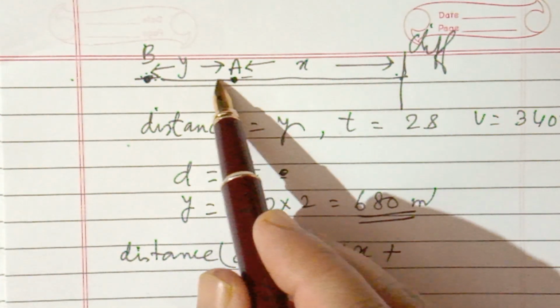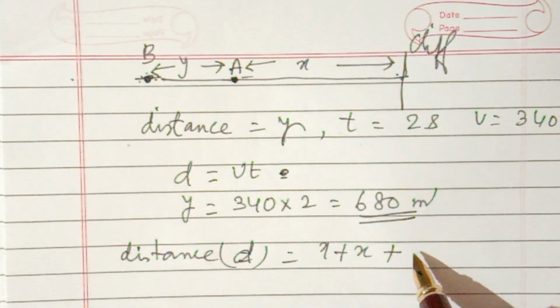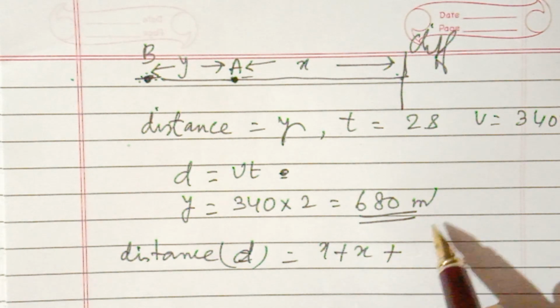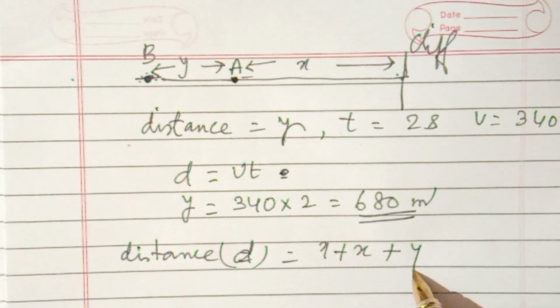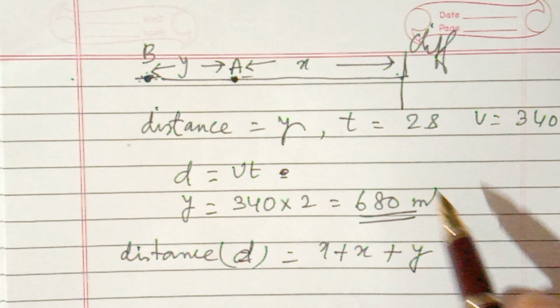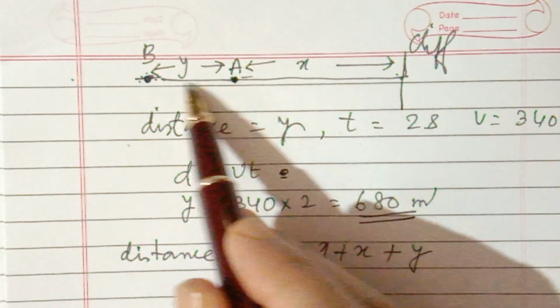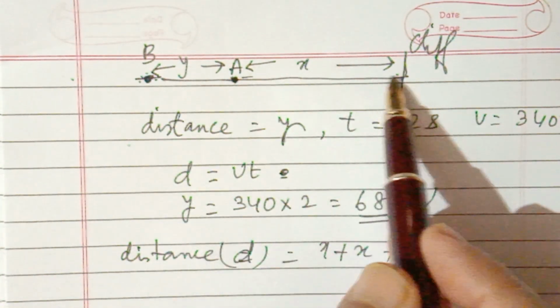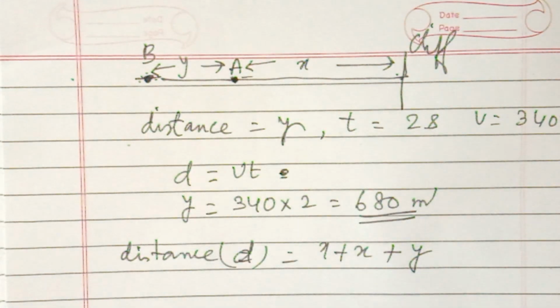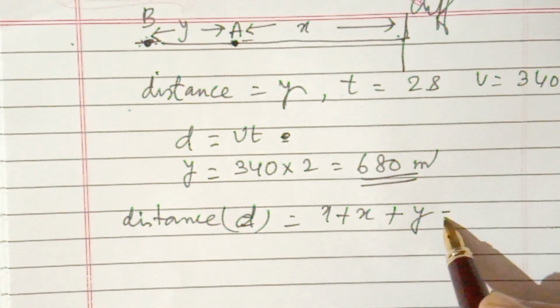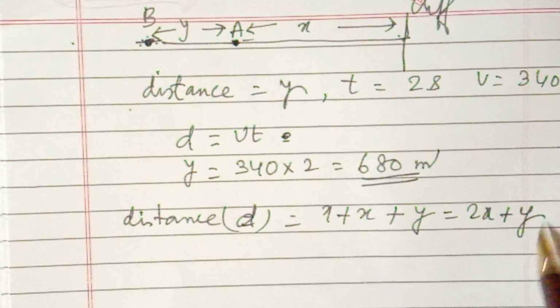And further it is traveling to B. Listen, B is listening to the echo, not A. B is hearing the sound, not A. So you have to take this distance also. So x plus y. So this is the total distance for the second sound.